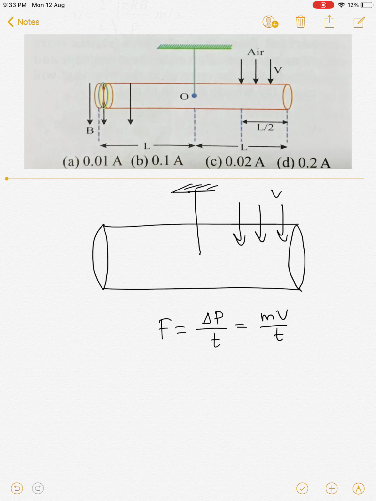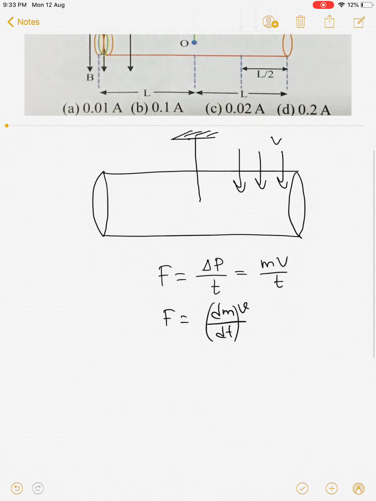Now we can calculate it for a small mass, let's say dm, exerted by a small part of air. So you can write the value of this F as dm into its velocity v divided by dt. Now you can find out the value of this dm by dt over here.